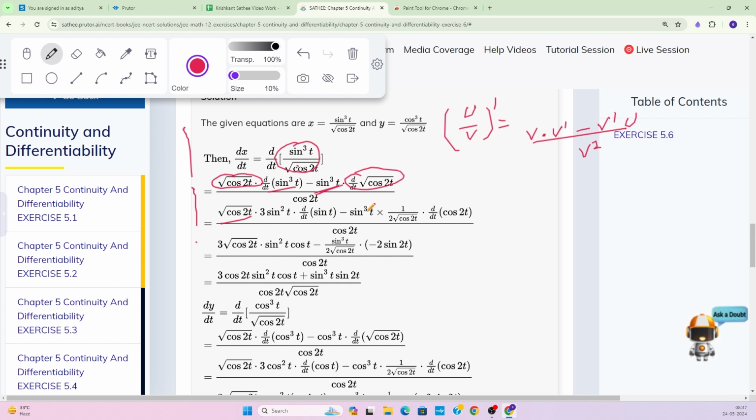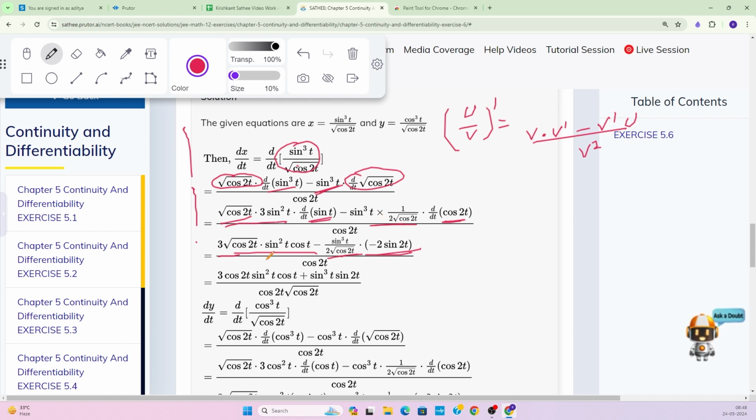Now minus sine cube t. Now the differentiation of this thing will be 1 by 2 root cos 2t multiplied with the differentiation of cos 2t with respect to t. Now here you simplify these things, and this will be cos t. As you can see, we have written every expression, and from this it will be minus 2 sine 2t.